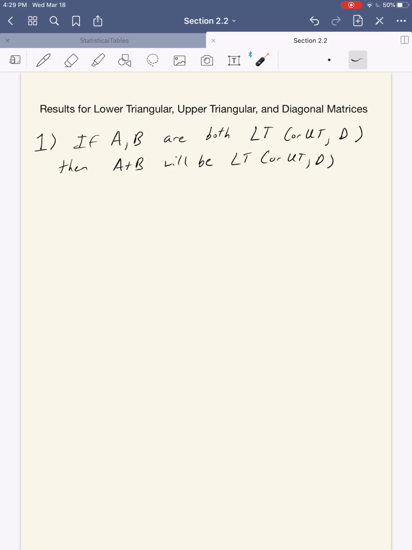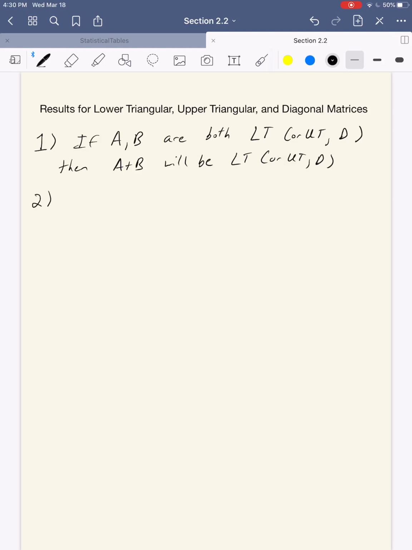So if you start with two matrices that are lower triangular and you add them together, the result will be lower triangular. If you start with two matrices that are both diagonal and you add them together, then the result will be diagonal. In other words, adding matrices that have one of these special formats preserves that format.